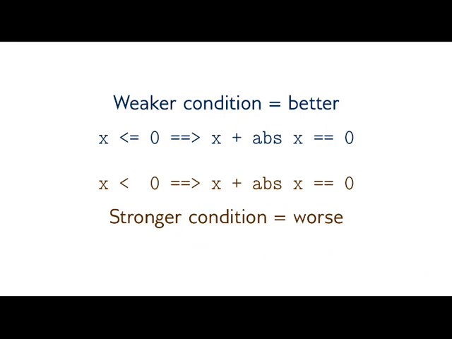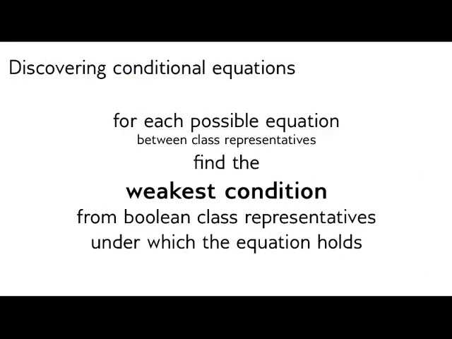So the top one is better than the bottom one. And so we find the algorithm. For each possible equation between class representatives, we find the weakest condition from Boolean class representatives under which that equation holds. So we also use the Boolean class representatives as conditions. It's kind of using it to build equations and conditions.